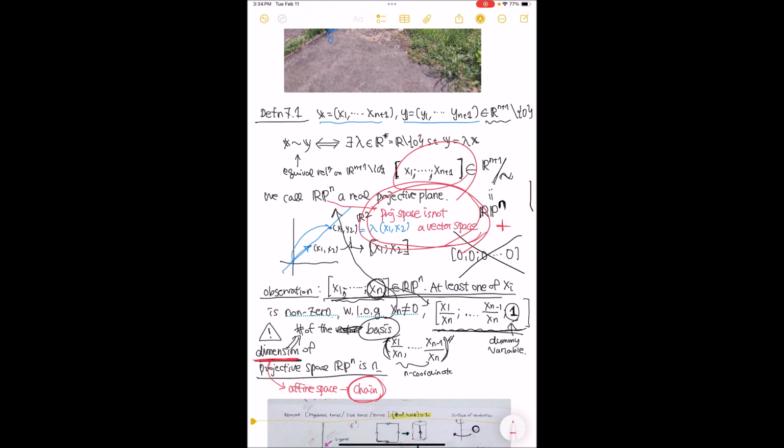Anyway, the dimension is n. But you should think about the fact that dimension here is not a concept of linear algebra but of algebraic geometry. Okay.